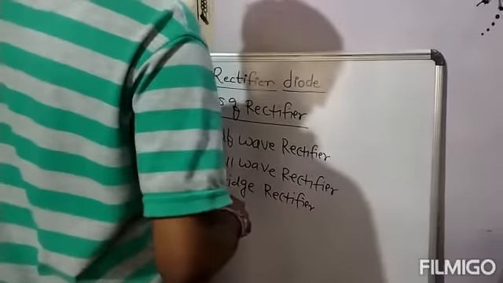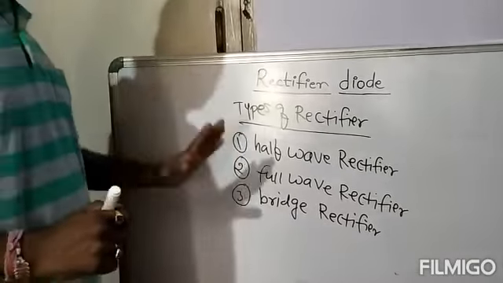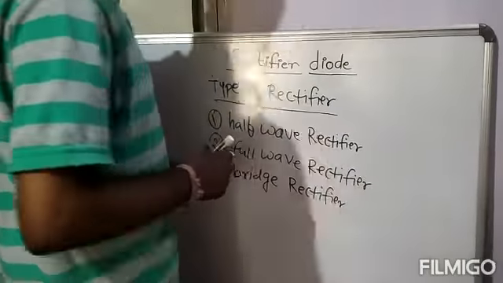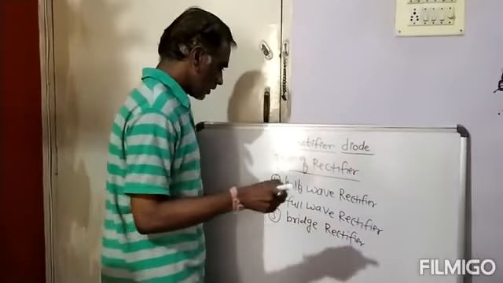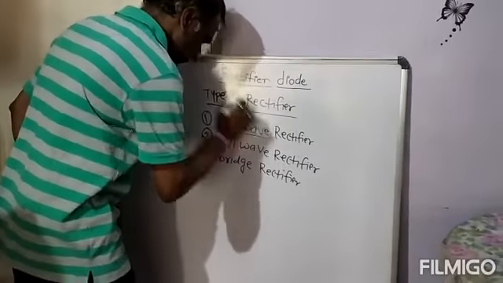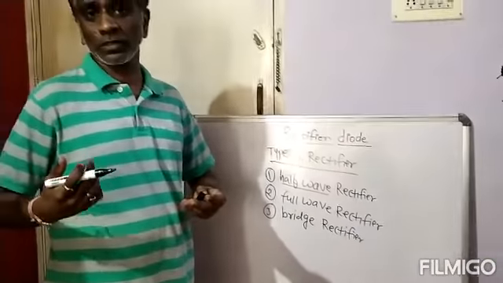So what is a half wave rectifier and how is it developed? Generally when we see the term half wave, the question arises in our mind, what is half wave?